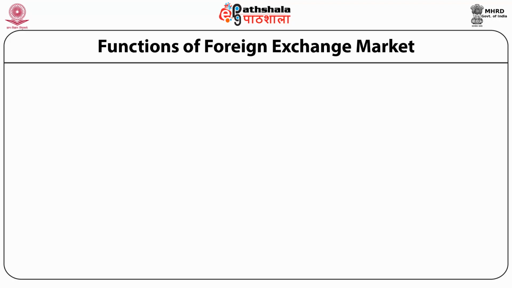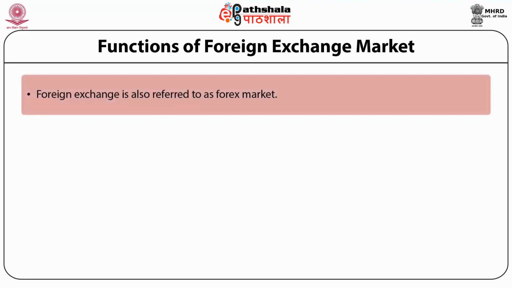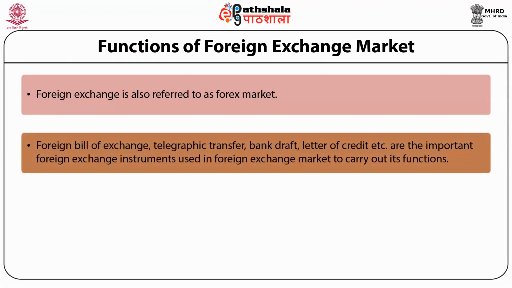Now let us understand what are the functions of foreign exchange market. Foreign bills of exchange, telegraphic transfer, bank draft, letter of credit, etc., are the important foreign exchange instruments used in the foreign exchange market to carry out its functions.